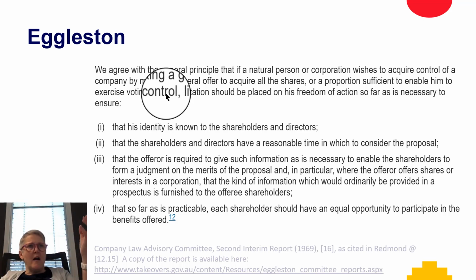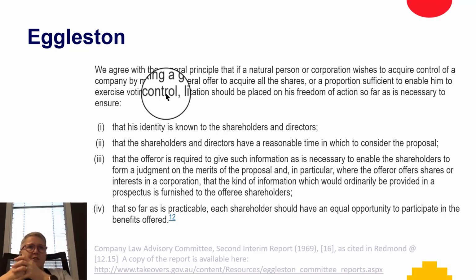So if I already own 30% of the company, and I have the opportunity to sell my 30% stake to somebody else, shouldn't I just be able to do that? This principle effectively would say, well, if you've got the ability to sell your shares, other shareholders should be able to sell their shares at the same price. So somebody might pay me a premium for my 30% shares because that gives them a big whack of control.